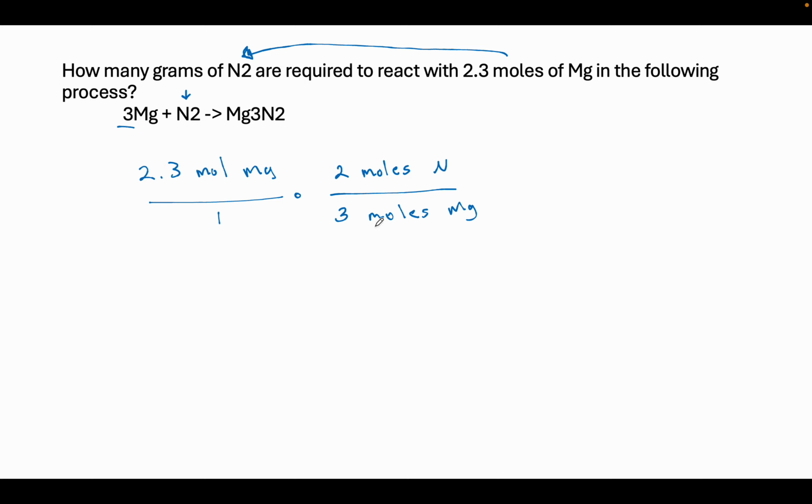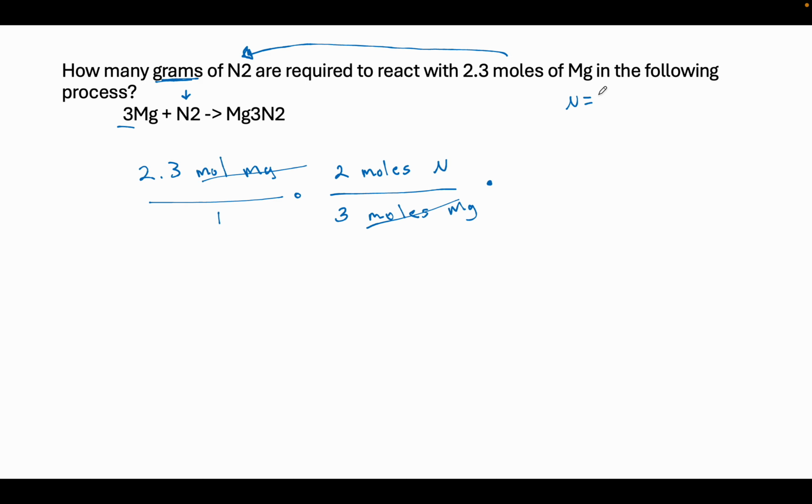Okay. This lets us cancel out the moles of magnesium. And now we got 2.3 times 2 over 3. And then we should actually just do it all in one big procedure. So now we've got to go from moles to grams. The grams of nitrogen, they tell us right here to use 14.0 grams per mole.